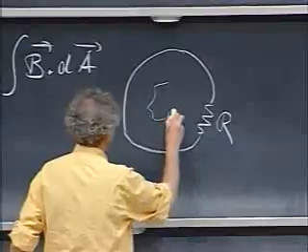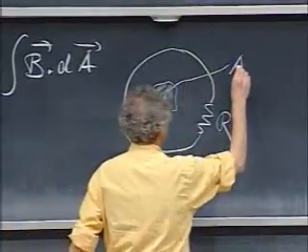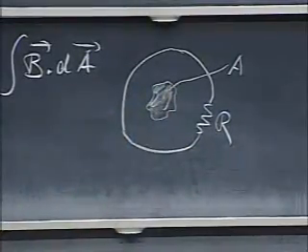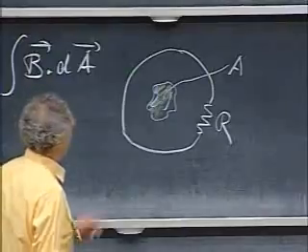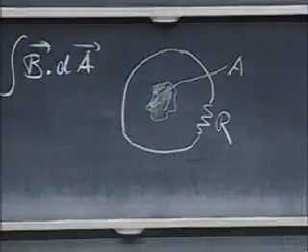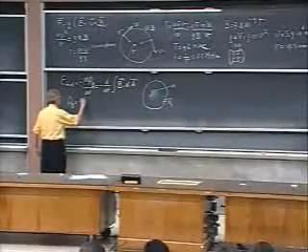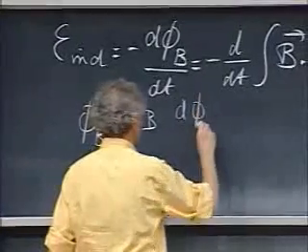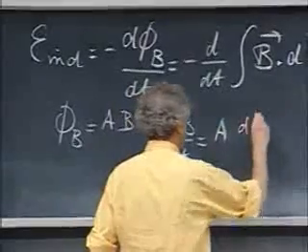And suppose here I have a changing magnetic field, and this area right here is A. The magnetic field, let's say, is perpendicular to the blackboard, and the strength of the field is B, and so the magnetic flux phi of B is simply A times B. And so d phi/dt is then A times dB/dt.